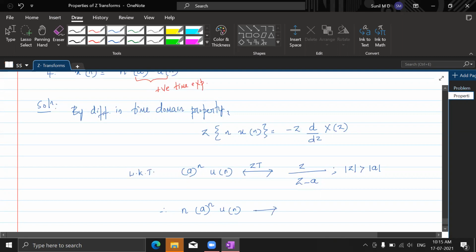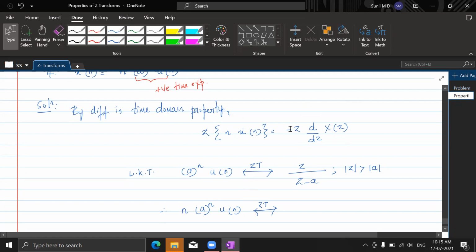Can anybody tell me now with reference to this? If the z transform of a power n u of n is z by z minus a, what is the z transform of n into a power n u of n?